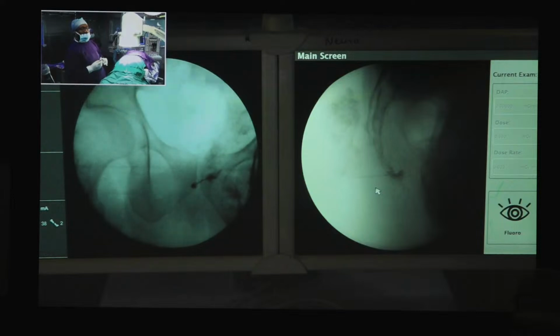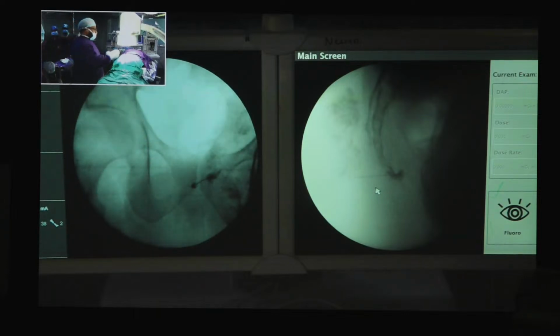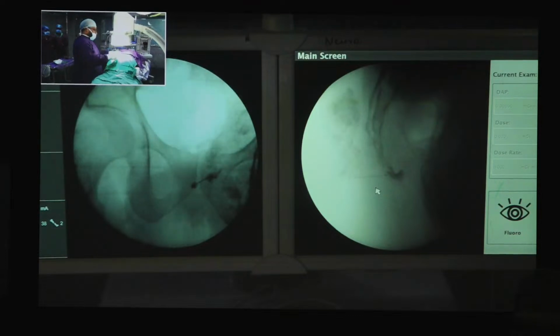We are slightly to the right, but it is anterior. Yeah, but it's okay, we can give the drug now. Anyway, it's a displaced coccyx, so that is why it might seem on the right side.